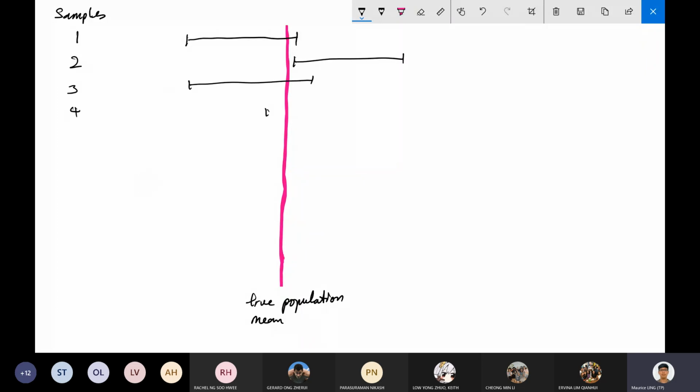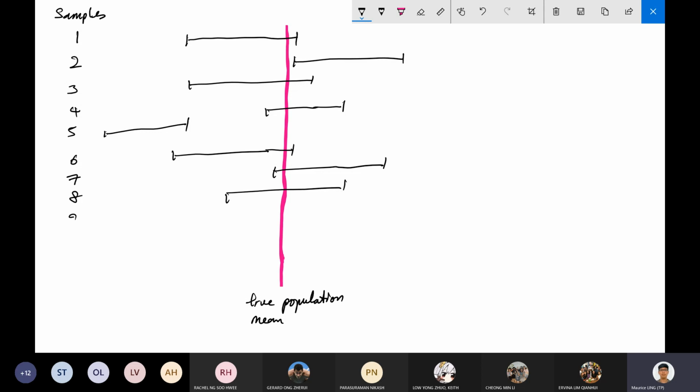Sample 4, the confidence interval is here. Sample 5, 6, 7, 8, 9, and so on, all the way to sample n.